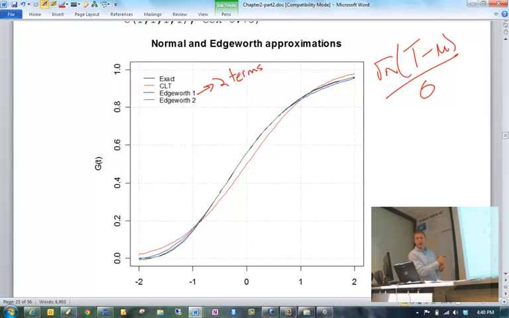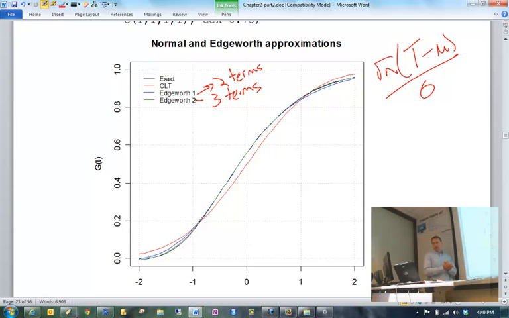A better approximation. And if I go up to 3 terms, that's what's done by Edgeworth 2, you see that practically the green line for Edgeworth 2 is right on top of the black line for the exact result. So you can see how this tool can be very powerful with approximating the distributions of a particular statistic.